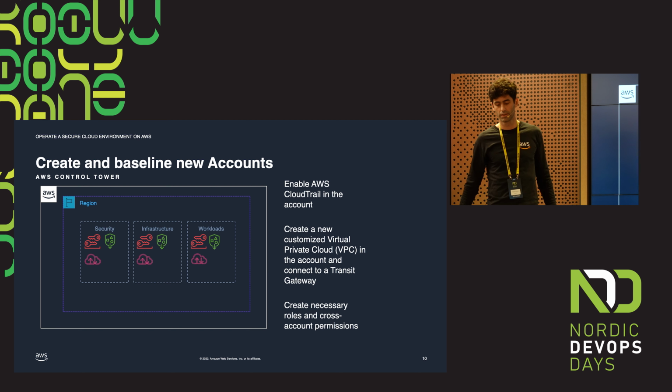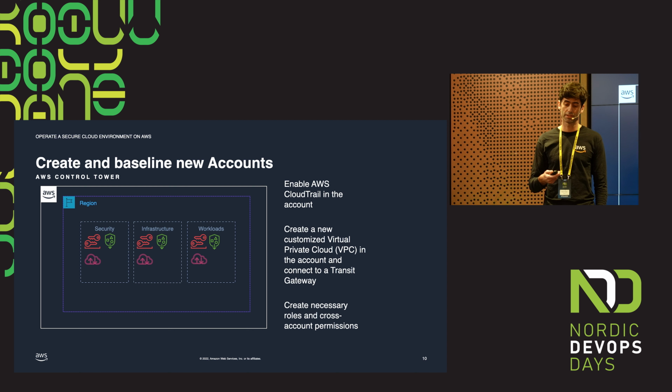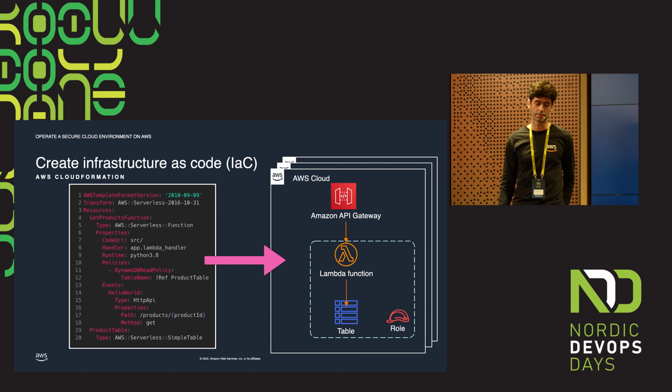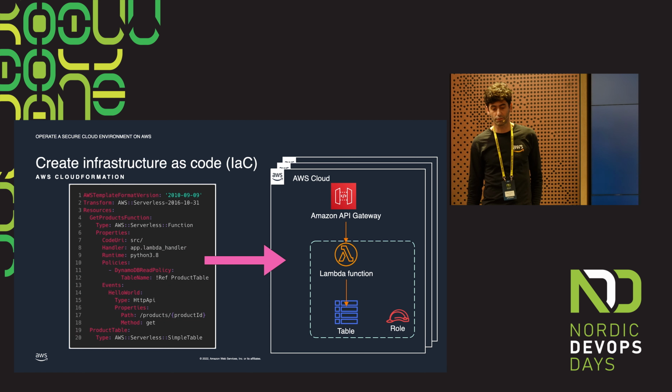So a lot of things may be created from scratch. And of course, you can also bring your own customized templates for things that you need to have in those new accounts. Again, this is a Control Tower capability. And related to that, of course, the topic that we have heard already many times, infrastructure as code.